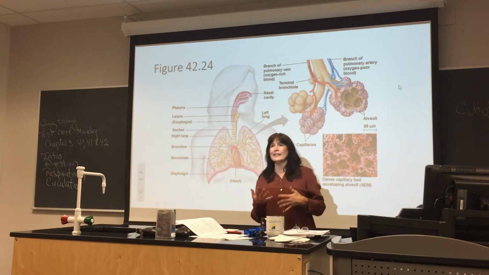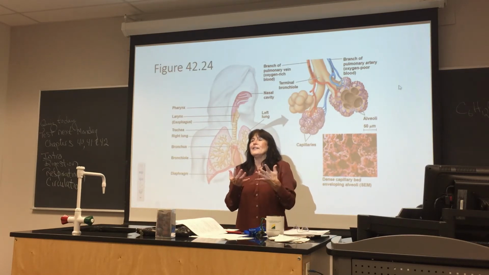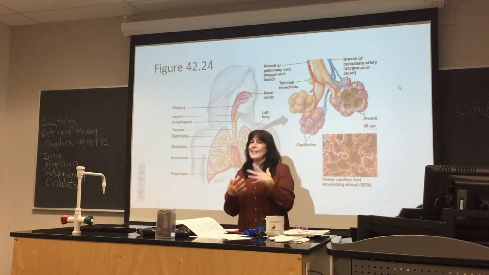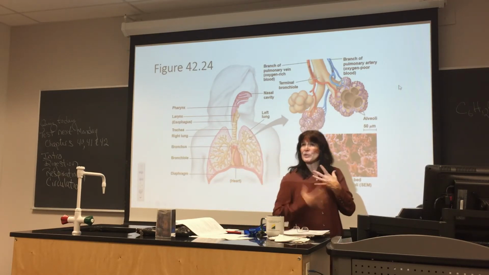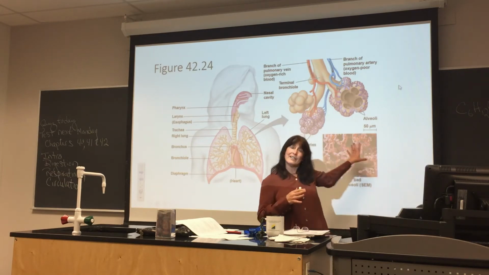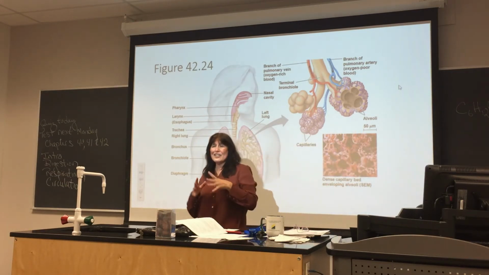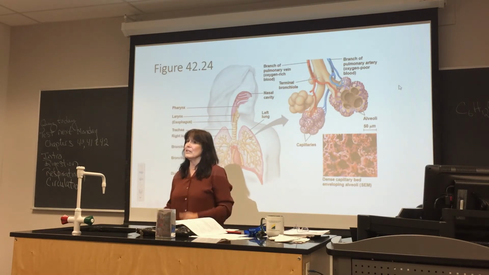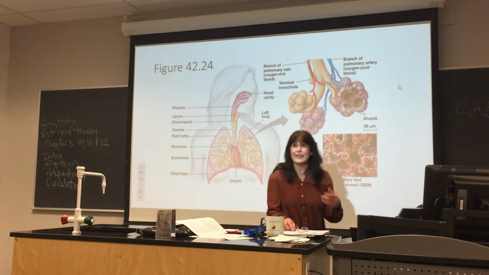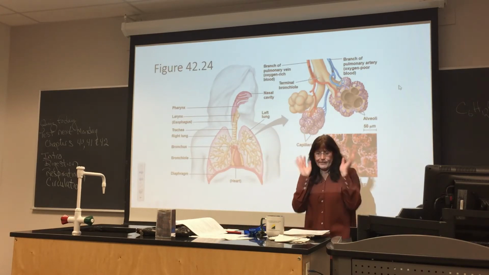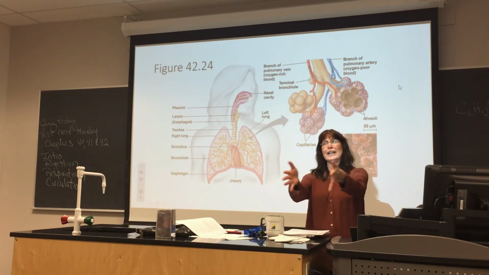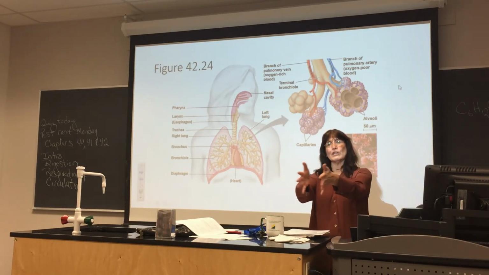Surfactant can also be affected if somebody is on oxygen for a long period of time or has other respiratory issues that cause the cells that produce surfactant to not work properly. It can make breathing very difficult as well. So surfactant helps reduce that surface tension and allows the lungs to work properly.